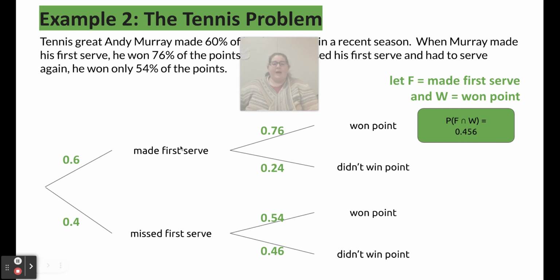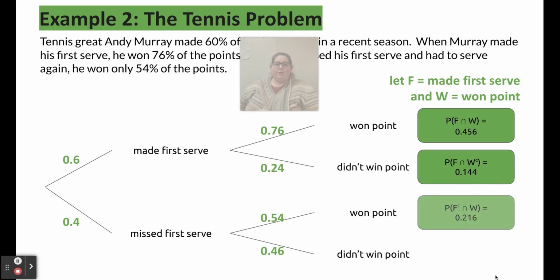Similarly, I can go through my other tree branch options and get all of my "and" probabilities. So he can make the first serve and not win the point, which would be 0.6 times 0.24, so 0.144. Probability of not making the first serve and winning the point, 0.4 times 0.54 is 0.216.